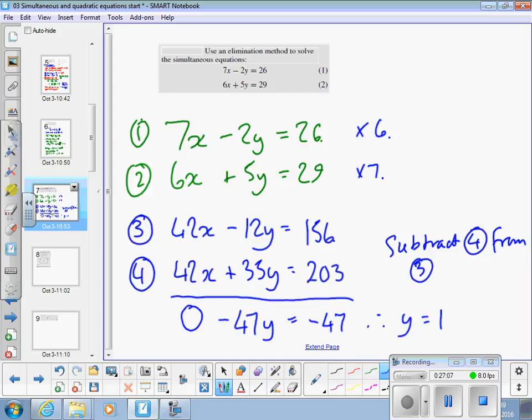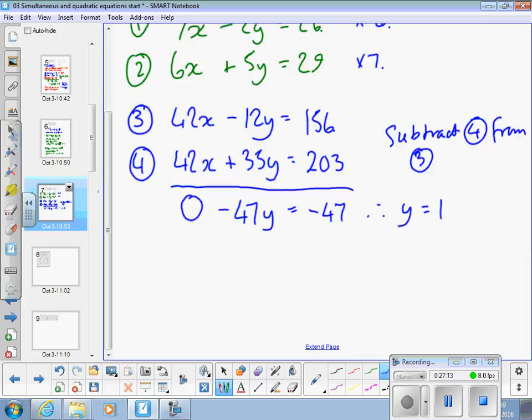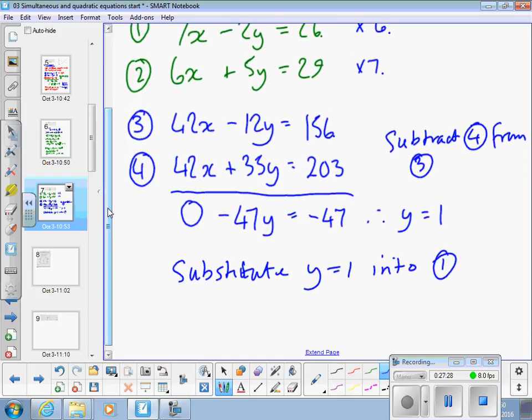What we then do is we can substitute y equals 1 into any of those equations. So substitute y equals 1 into number 1. We might as well use one of the simpler equations. We get 7x minus 2 times 1 equals 26.